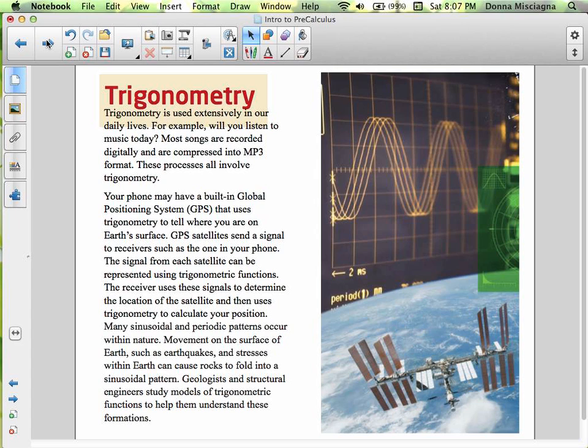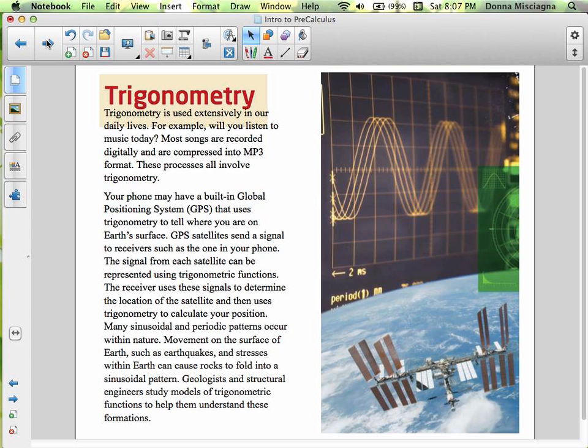Trigonometry. Trigonometry is used extensively in our daily lives. For example, will you listen to music today? Most songs are recorded digitally and are compressed into MP3 format. These processes all involve trigonometry. Your phone may have a built-in global positioning system that uses trigonometry to tell where you are on Earth's surface.